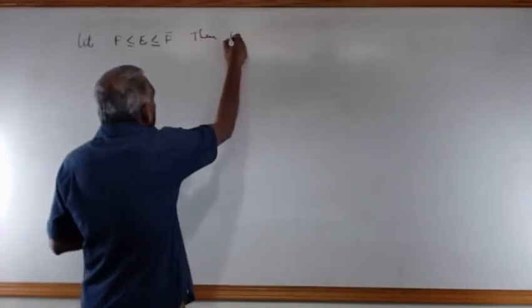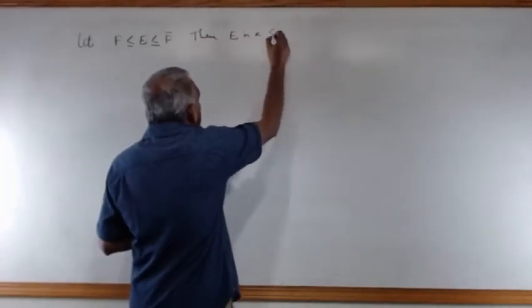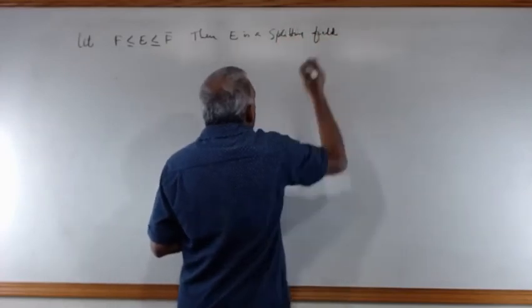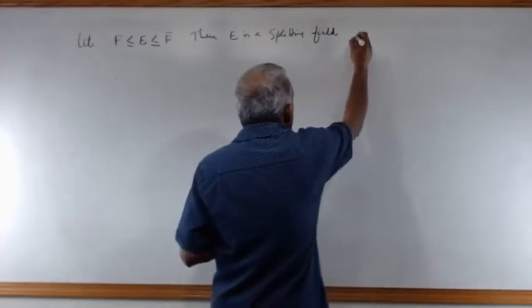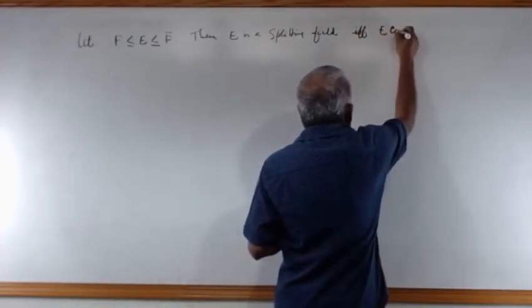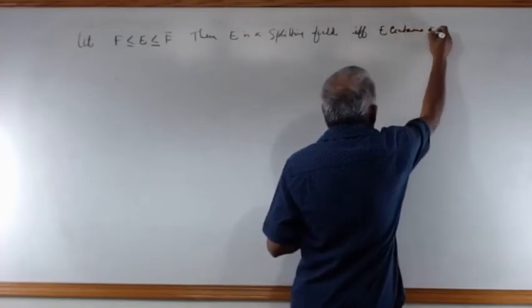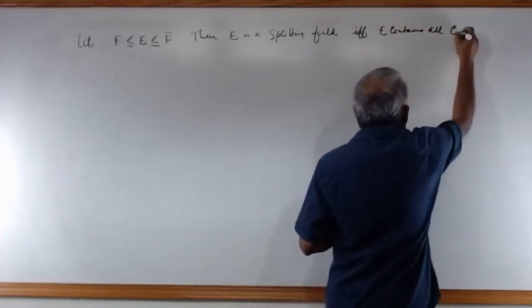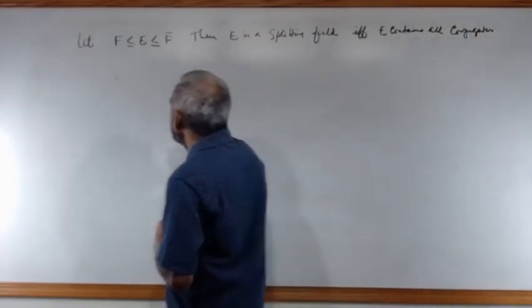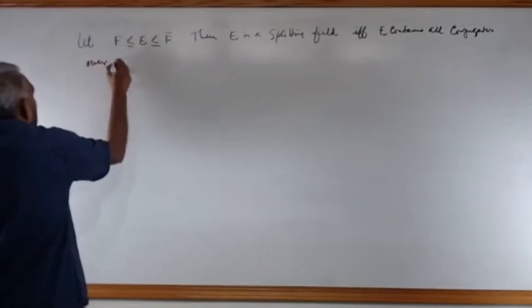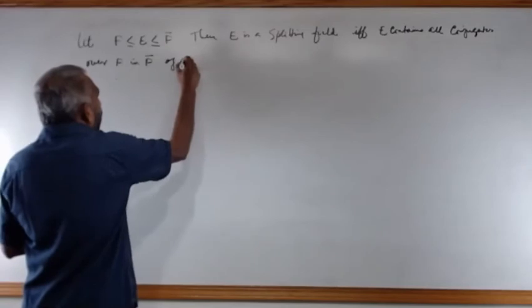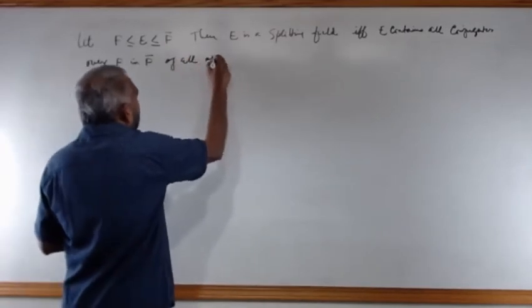Then E is a splitting field if and only if it contains all conjugates over F in F closure of all of its elements.